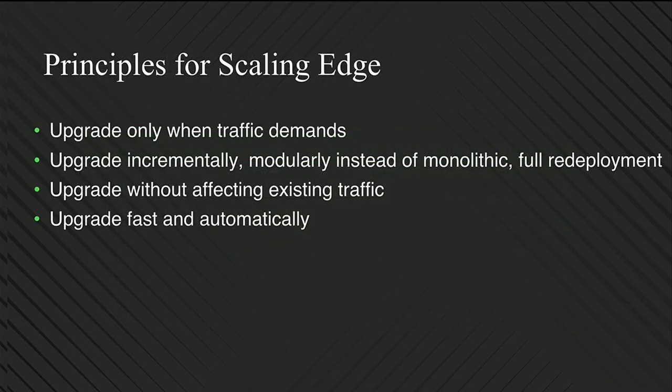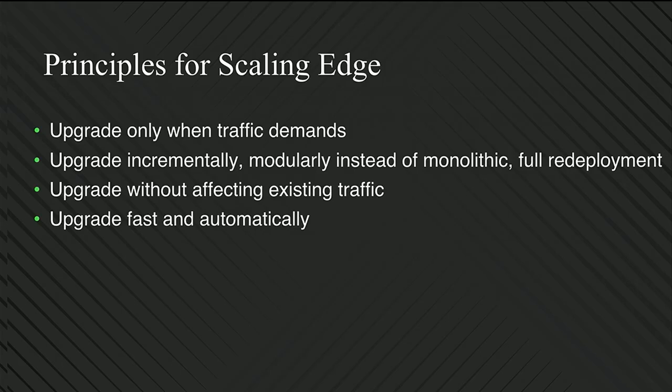To ensure smooth and fast scaling, we follow a few principles. First, upgrade only when there's traffic demand, so we do not over-provision or over-complicate our network. Second, upgrade incrementally, modularly, instead of a monolithic full redeployment.